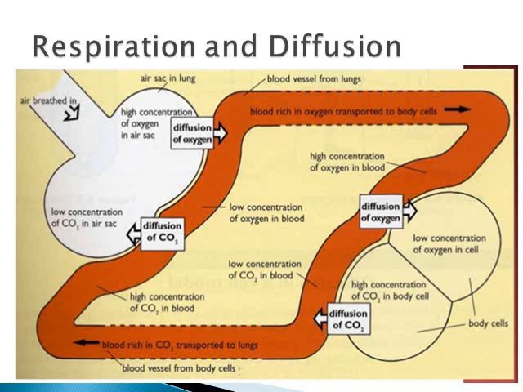Where there is a higher concentration of carbon dioxide gas, that carbon dioxide gas will be diffused into the bloodstream. Then that blood rich in carbon dioxide gas will be transported to the lungs, where it will be diffused outside the bloodstream and pass over to the air sacs, from where it will be exhaled outside the body. So it's the whole pathway and whole concept of gaseous exchange, which is only and only possible through diffusion.